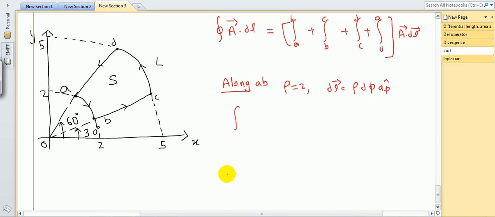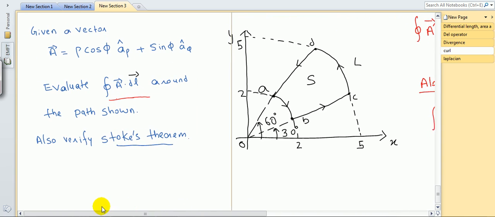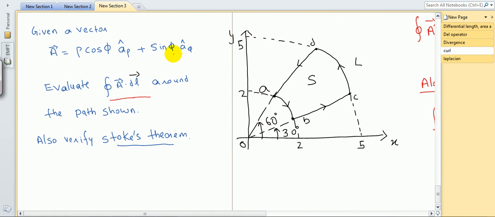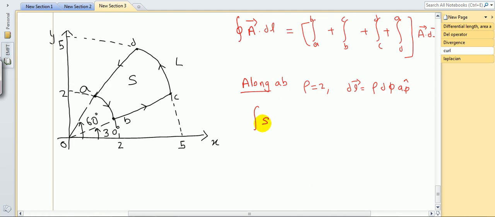So from the vector field A I will consider only the phi component, that is sin phi, and the differential length vector, that is rho d phi, and A phi cap dot A phi cap will become 1. So the remaining thing will be rho d phi, and we know that rho is 2.